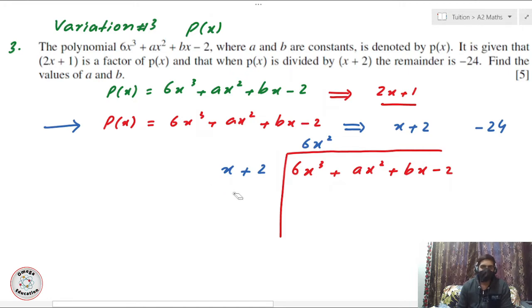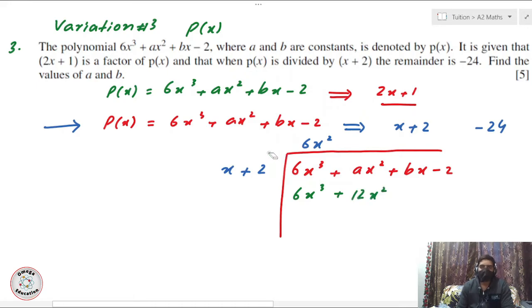Now you know the next step. You need to multiply 6x squared by everything on the outside. So you multiply it by x, and then you multiply it by 2. Let's do it step by step. First I multiply it by x, and get x raised to power 3 with a coefficient 6. Now I multiply this thing by 2, and I get 12x squared.